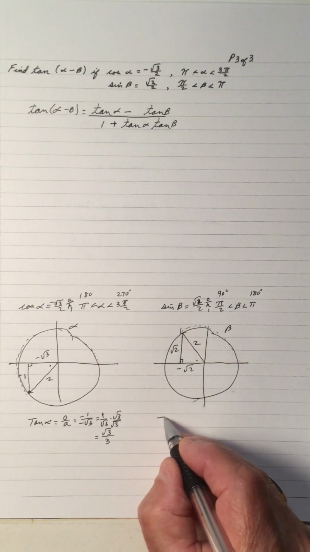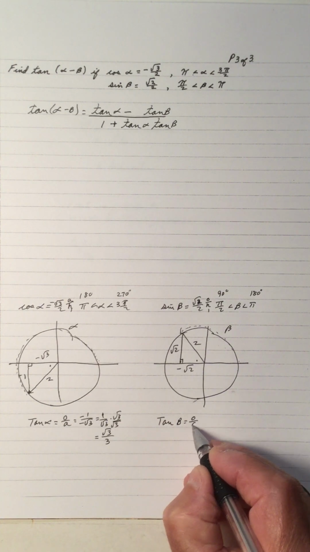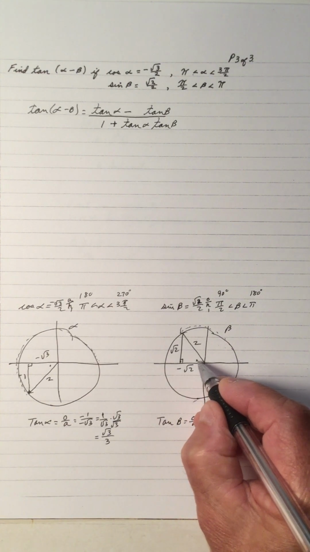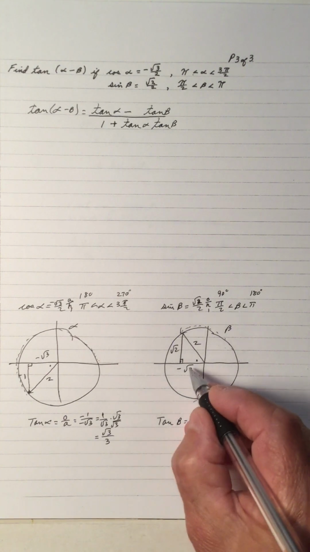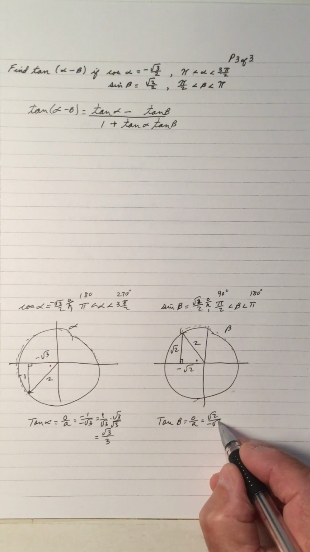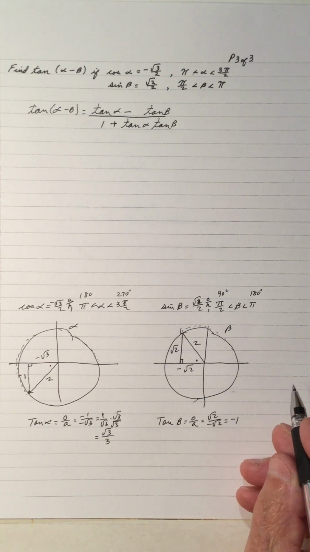But we want what tan is. The tan of beta, again, is opposite over adjacent. Here's the reference angle. Opposite is √2 over the adjacent, which is negative √2. That gives us -1.